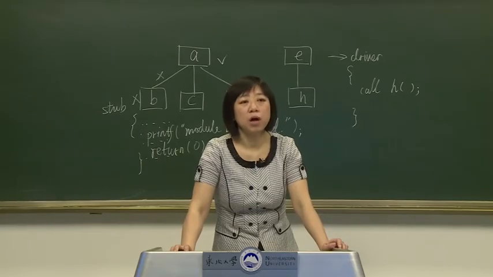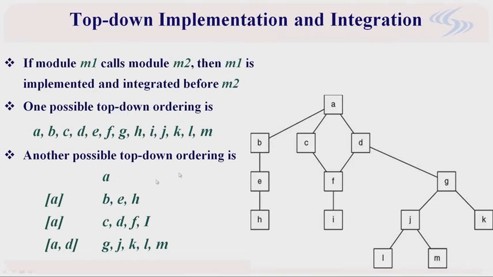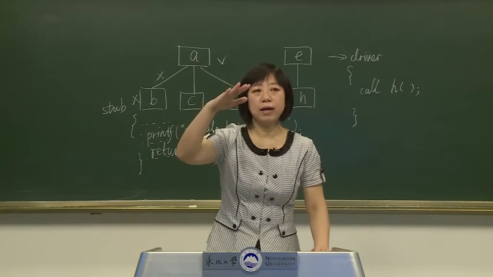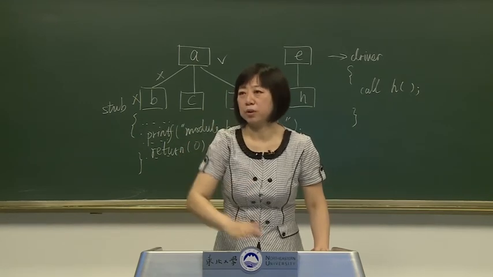Another possible top-down ordering will be A and this branch, B, E, and H. And this branch, A, C, D, F, and I. And after D, we go to another branch, G, J, K, L, and M. So this means to implement and integrate the target software level by level from top to down.